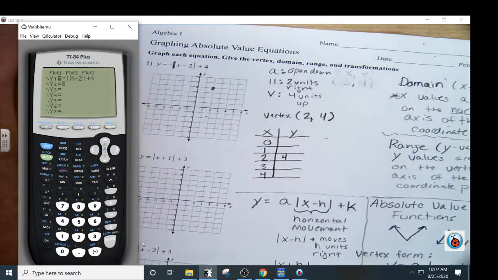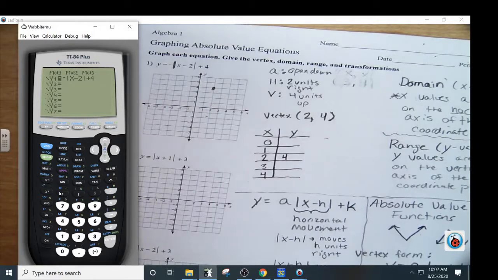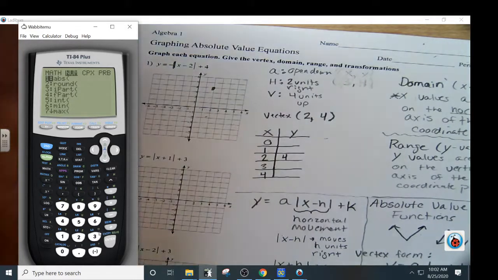By the way, guys, if you want to know where your absolute value is, if you hit math and you go over to the number section, the first entry is your absolute value. That's how you get to your absolute value.